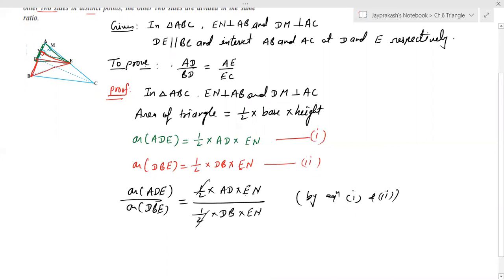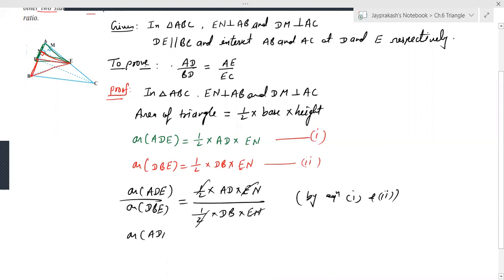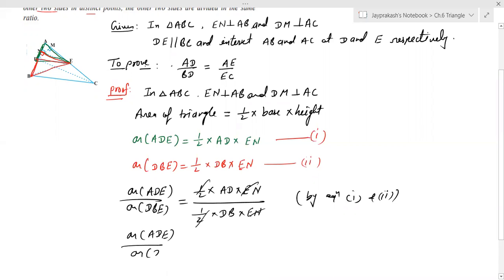So half and half and EN cancel. So finally we have equation number 3, that is area of ADE upon area of DBE equals AD upon DB. So we are writing this one as equation number 3.